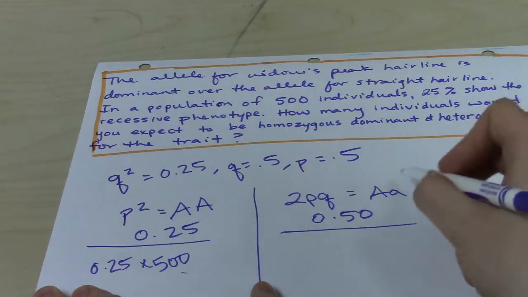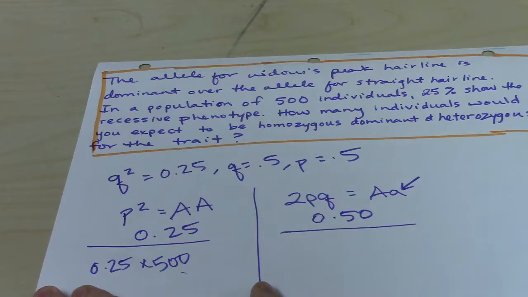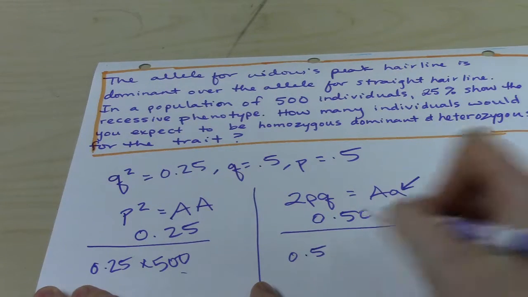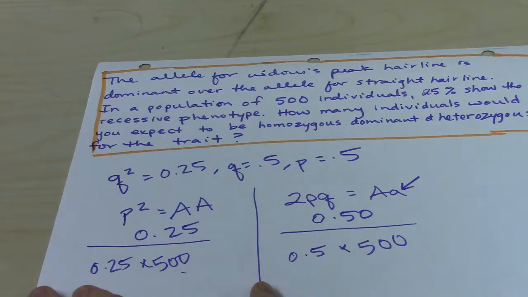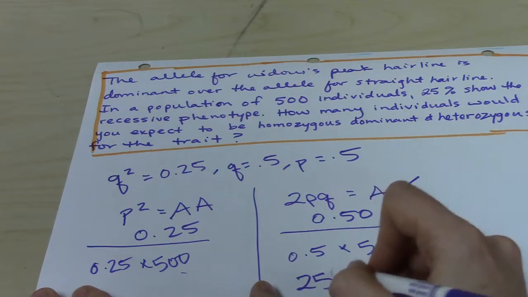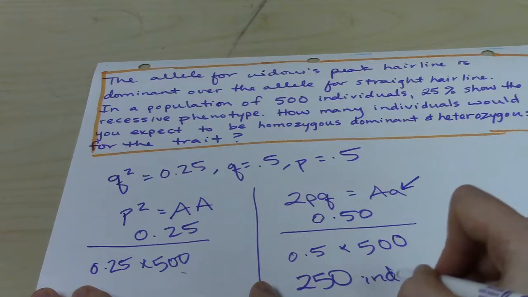And then to find how many heterozygous individuals, we're going to take 0.5 of 500. Now that's really easy. 0.5 of 500, we can do in our head. Half of 500 is 250 individuals.